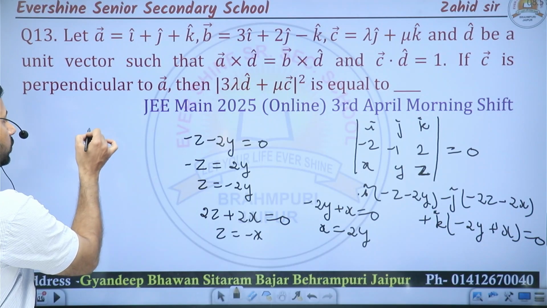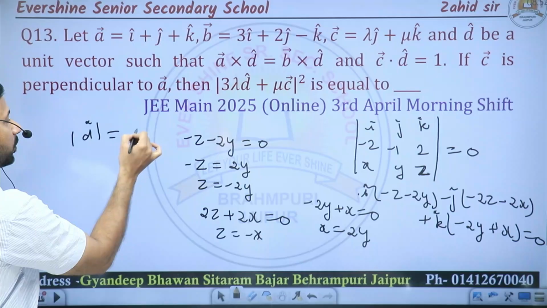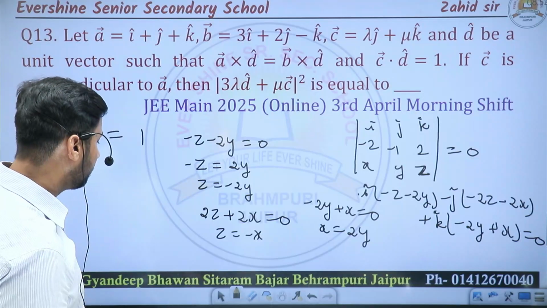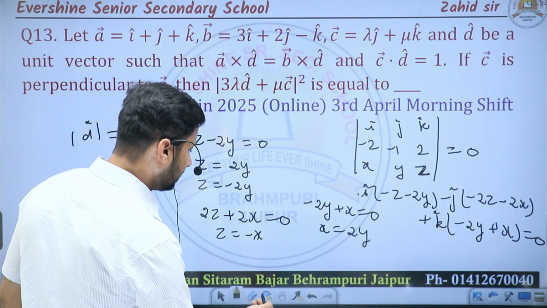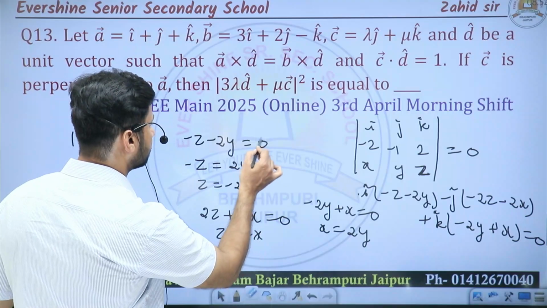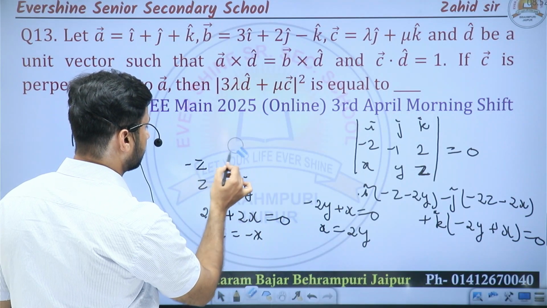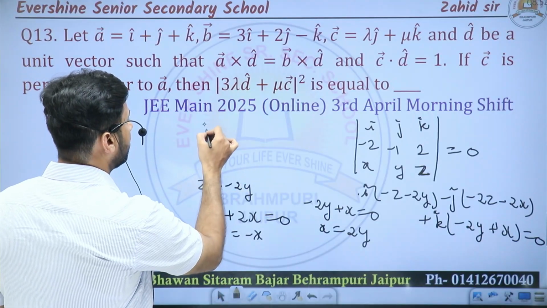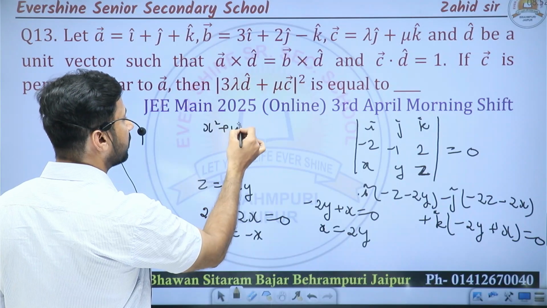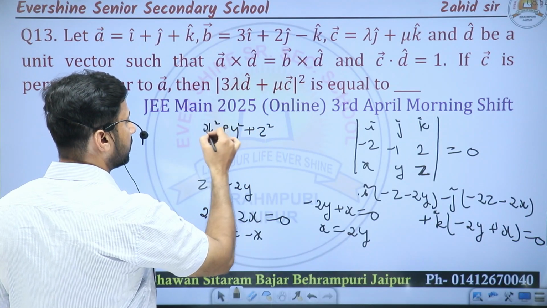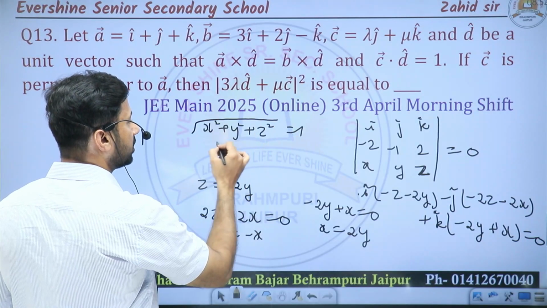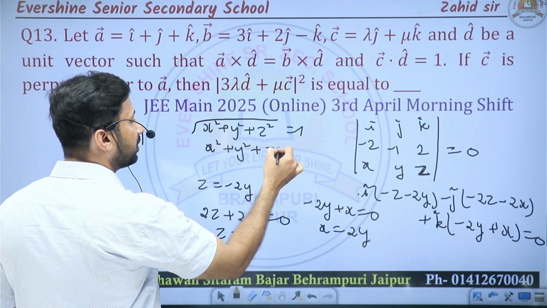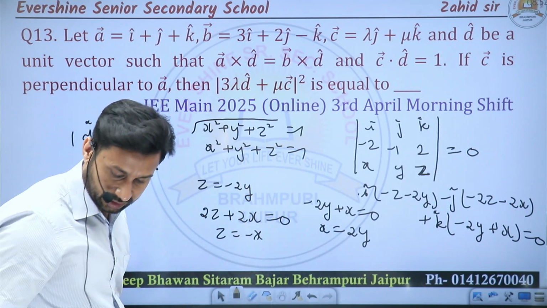So I'll find it. So magnitude of d will be square root of x square plus y square plus z square, which is equal to 1. So I can write this one as x square plus y square plus z square equal to 1.